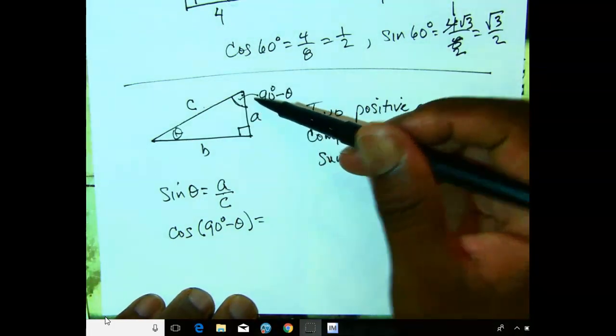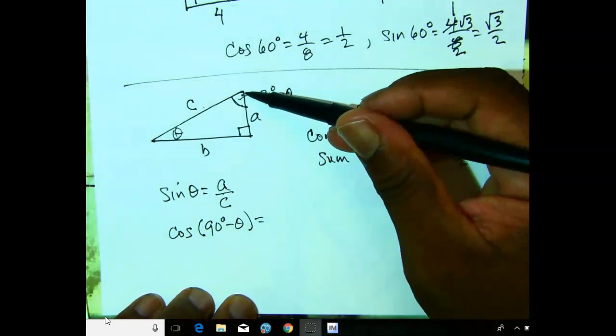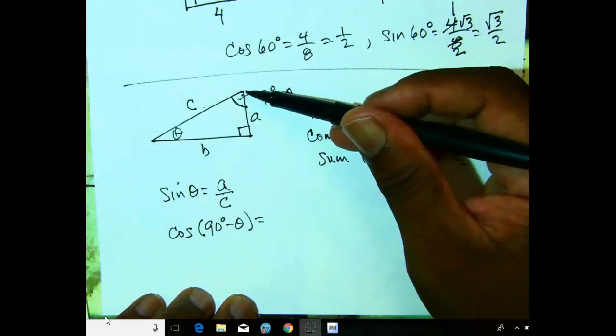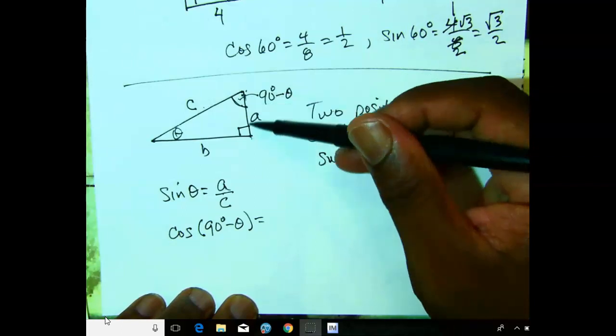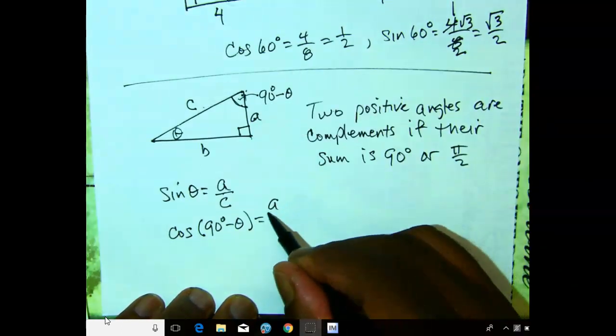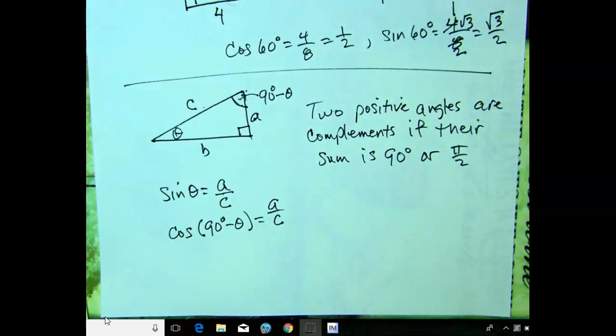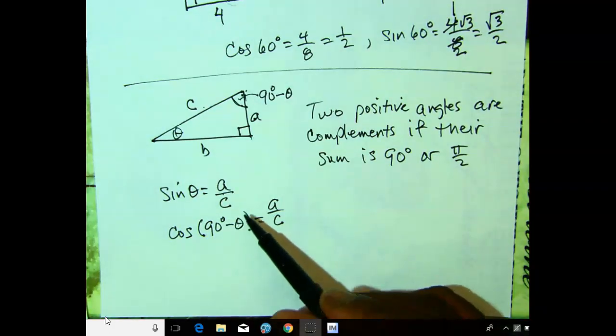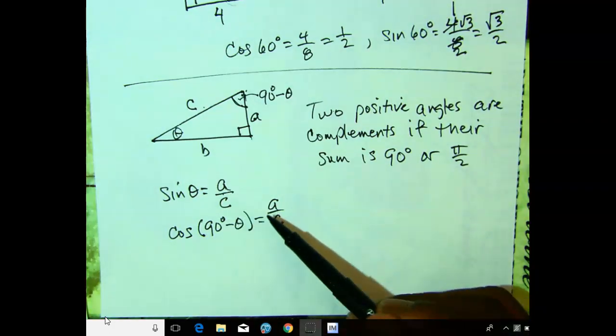Now our perspective has changed. If we're looking at this angle here, the side that's adjacent to the 90 degrees minus theta angle is A. So that's A over C. So what we see here is that you have two trig functions whose value is A over C.